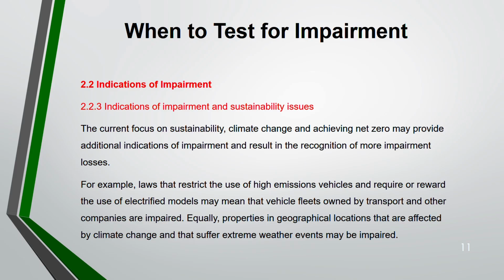What does it mean? For the vehicle fleet owned by transport and other companies, your vehicles are impaired if you are using high emission cars. Equally, properties in a geographical location can be impaired if they are affected by climate change or suffering some extreme weather event. That means your asset is impaired.